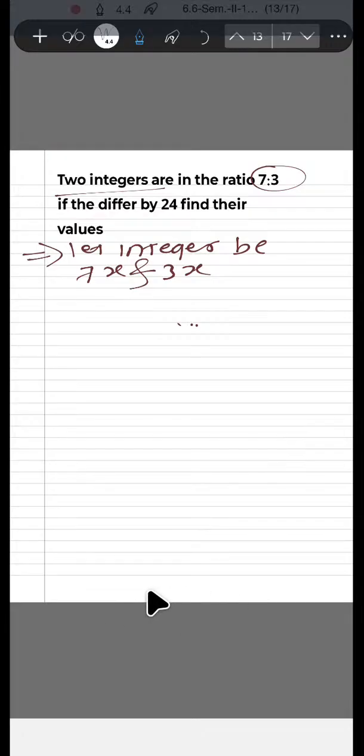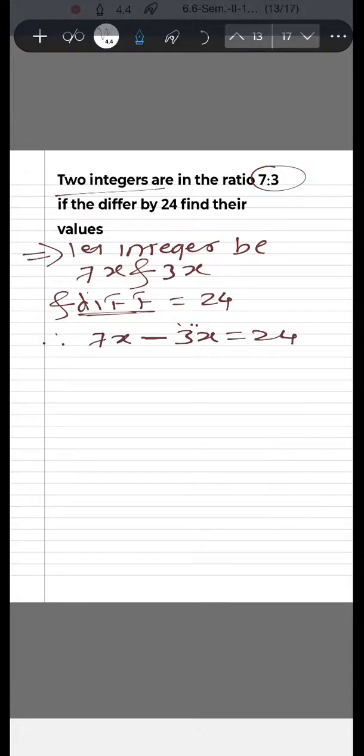The difference is given as 24, so I can write the statement as the subtraction 7x minus 3x is equal to 24.